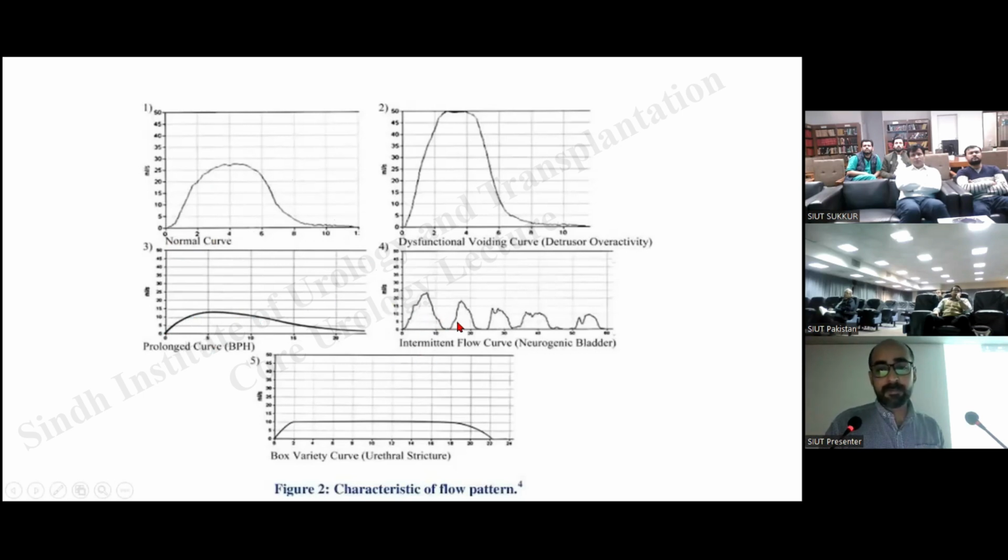And the intermittent flow curve shows a neurogenic bladder pattern because it is associated with abdominal straining. And a box shaped curve in urethral strictures.